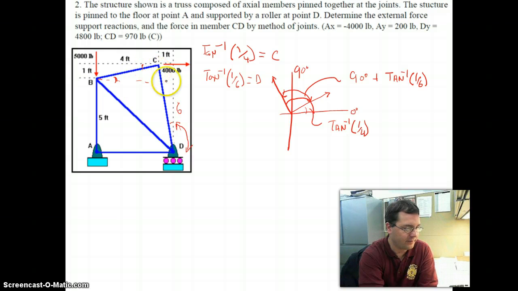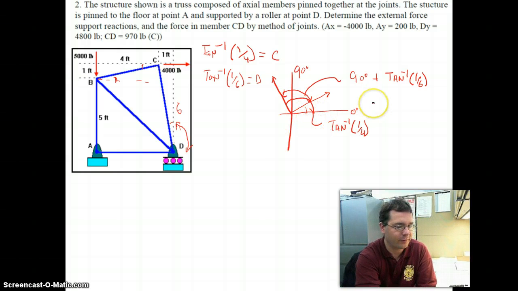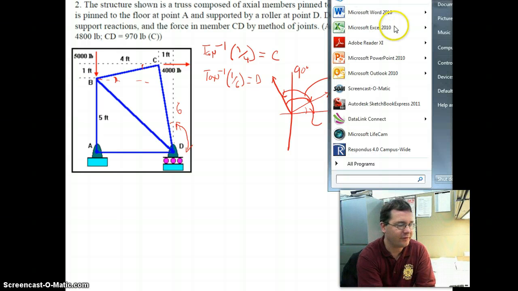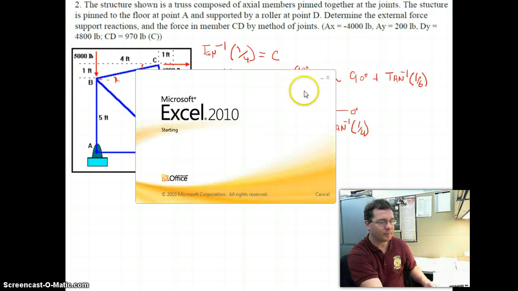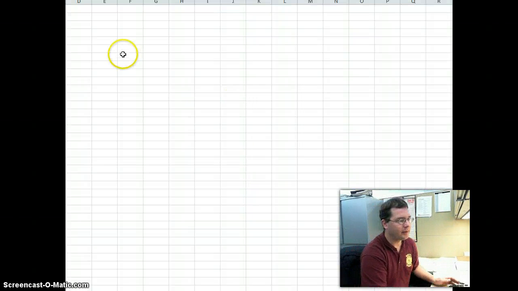It's going to turn out, if it's 90 degrees, to be a simple problem to solve. If it's not 90 degrees, it's solvable, but you've got to jump through a few more hoops. So I think the easiest way to do this calculation is probably to use Excel. So let's set this up.